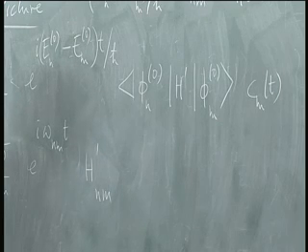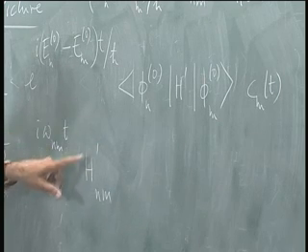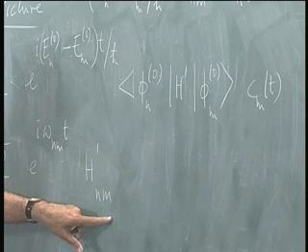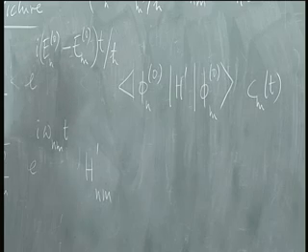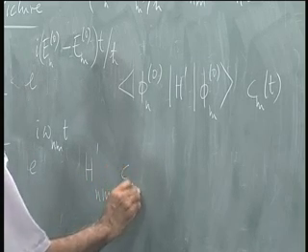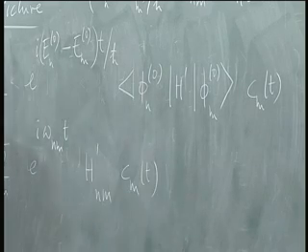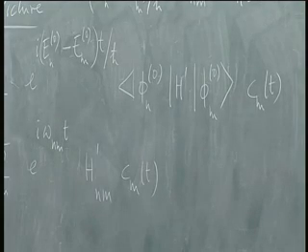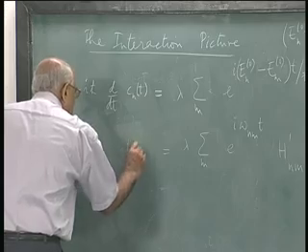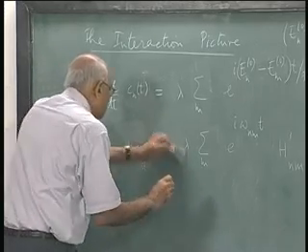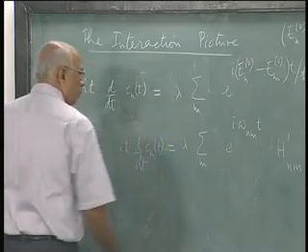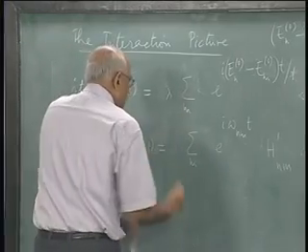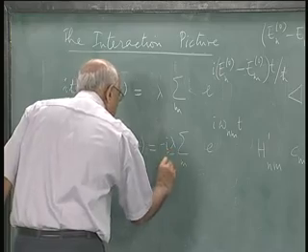All we do know is that H prime_nm is the complex conjugate of H prime_mn, that much we know, and then multiplied by C_m(t). So this is my equation, i h-cross d/dt C_n, I'll bring this to the other side, so minus i lambda over h-cross.